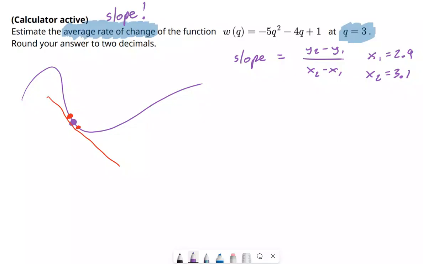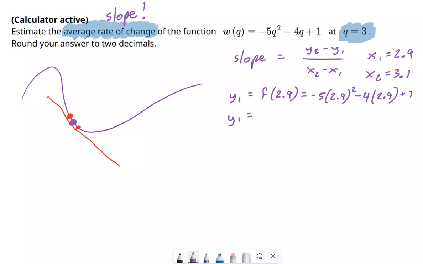And now I just need to figure out what y is in each of these cases. So y1 is going to be f of 2.9. And I know the letters are different in that equation. Don't worry about that. That just means we're going to plug in 2.9 into all the variable places, as I'm doing here. Now I pre-calculated these numbers to save a little bit of time.